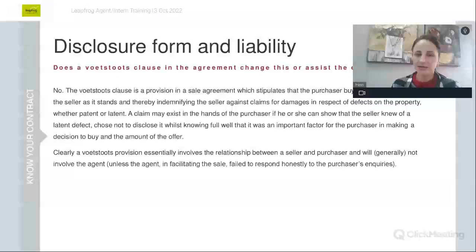There is a court case where the court says an agent can't help it if a seller doesn't tell him. So there are protections in that sense, because you cannot be held liable for something you did not know about. But you can be liable for not fulfilling your legal duties.